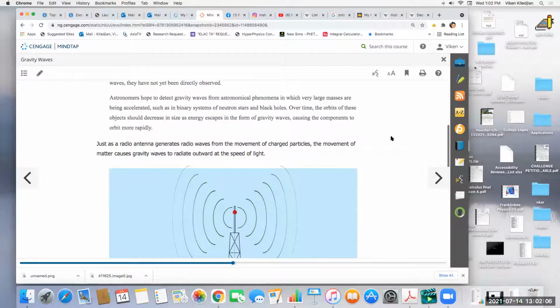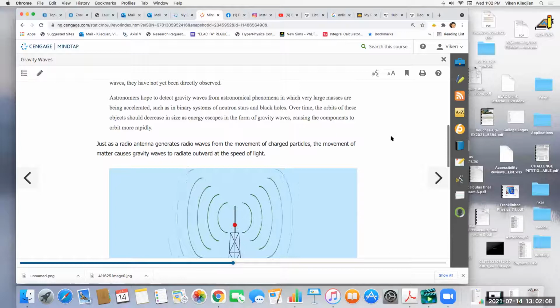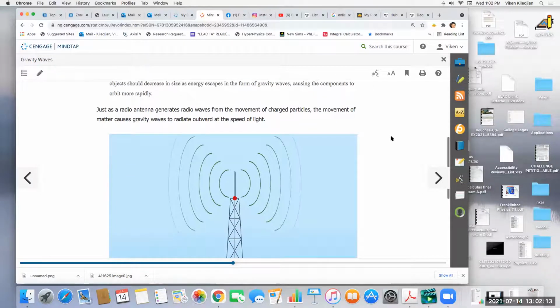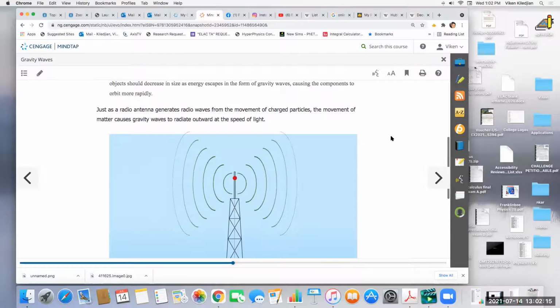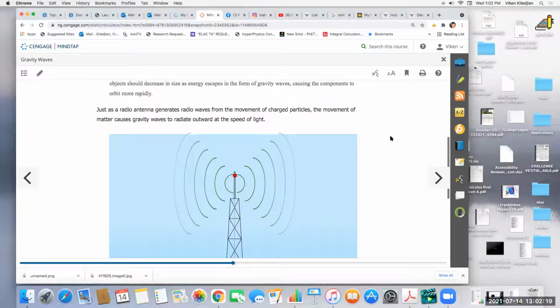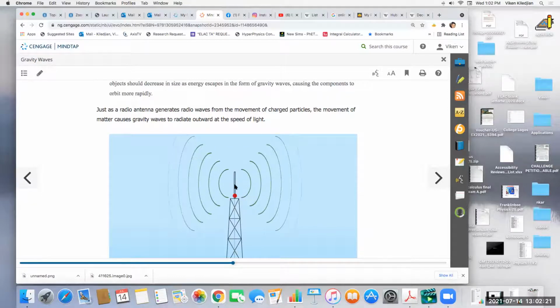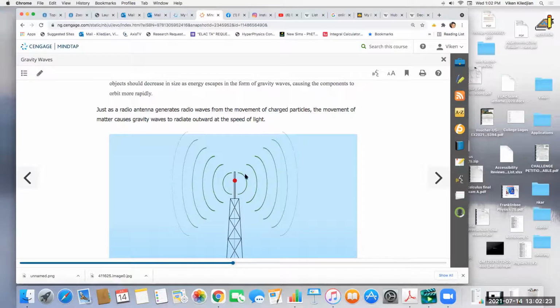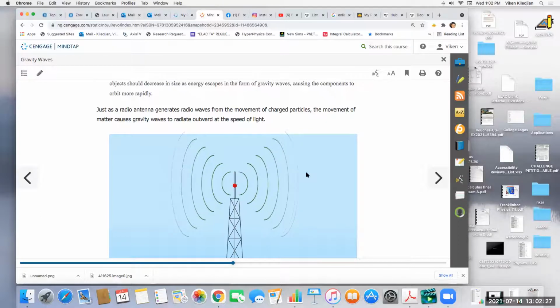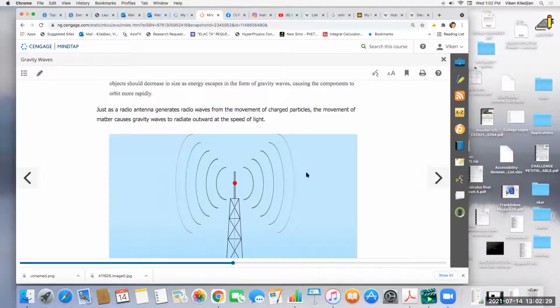Just as the radio antenna generates radio waves from the movement of charged particles, the movement of matter causes gravity waves to radiate outward. This is a great analogy, actually. Just like electrons flowing up and down at a certain frequency can cause a radio wave to emanate, at whatever frequency of the radio station that you're listening to.